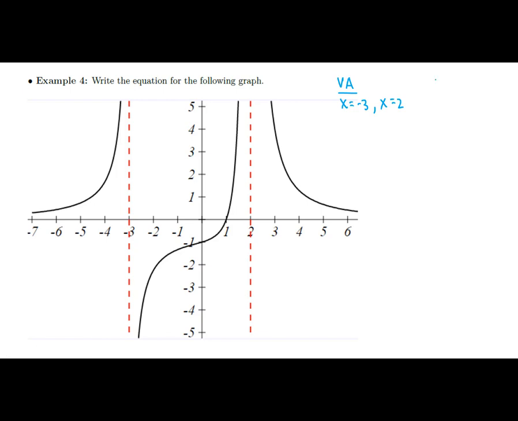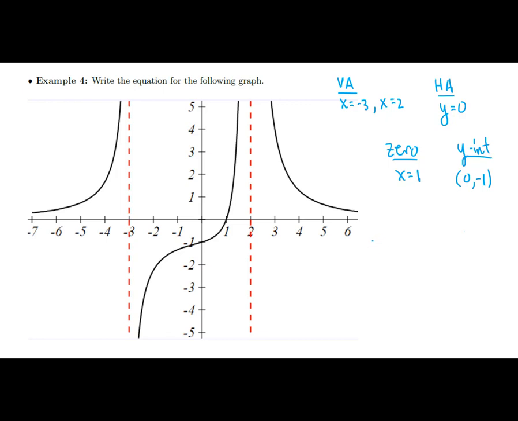We can see that our horizontal asymptote is y equals 0. And we can see that we have a 0 at x equals 1. And then we can also see that we have a y-intercept at negative 1. So 0, negative 1. So let's set about constructing our function.